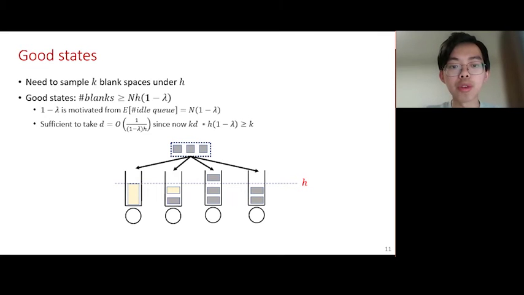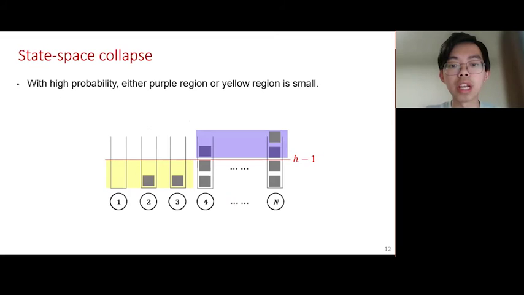So now it remains to show that the system will stay in a good state with a very high probability, where the total number of blank spaces is at least n times h times (1 minus lambda). We indeed utilize a state space collapse result.